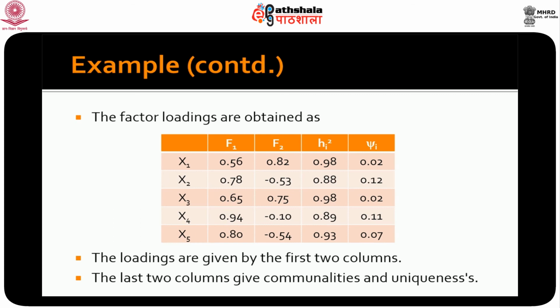We get this L hat L prime hat plus chi hat, which we can adjust as before and get as a diagonal matrix with the specific variances in the diagonals. So this is how we do a factor analysis using the principal component technique.